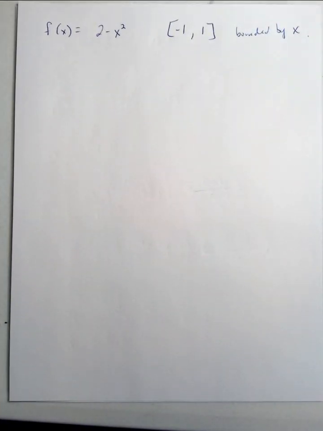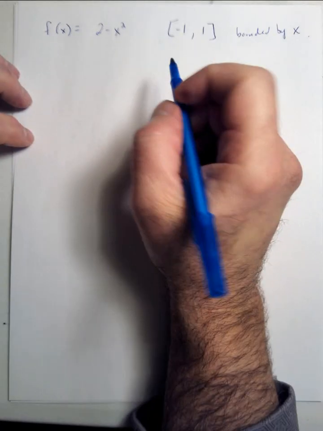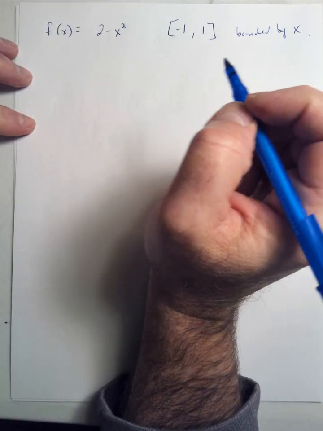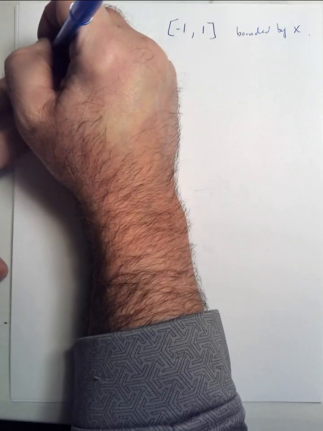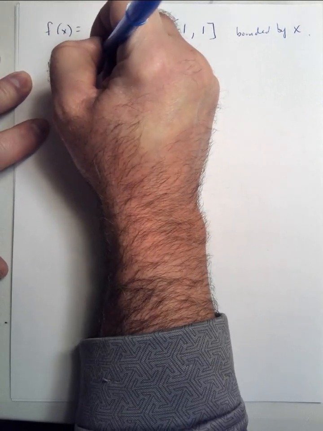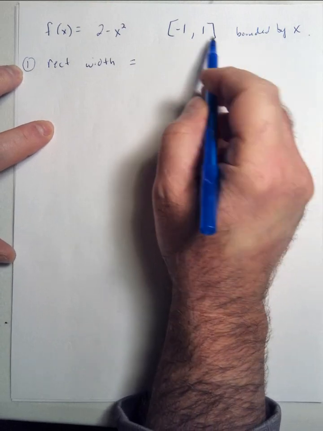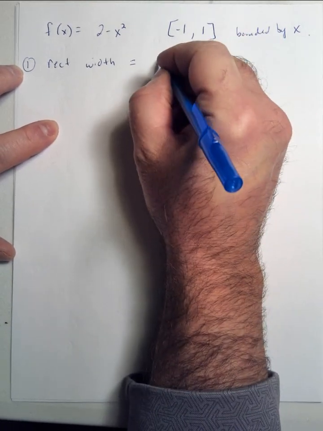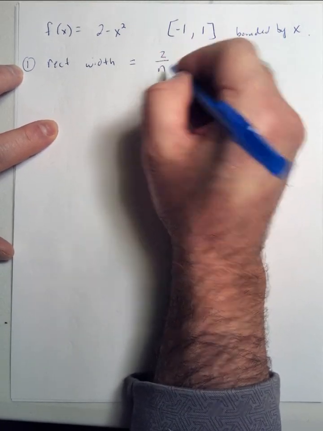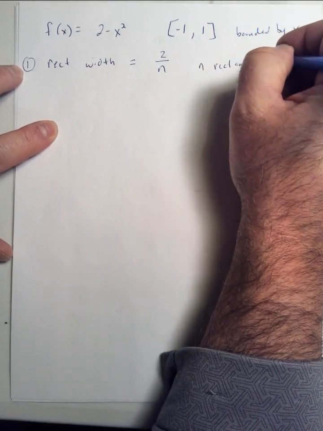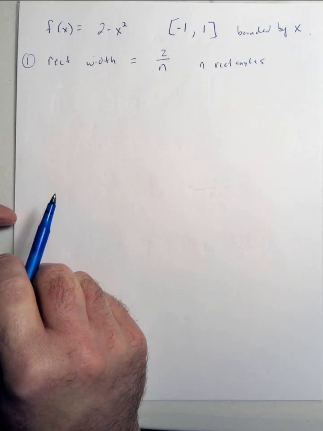So we're trying to find the area under the curve. Okay, so first thing, find your rectangle width. Your rectangle width is your interval width, which is 1 minus -1, or 2, over n. So this is n rectangles. So this is your rectangle width, right?